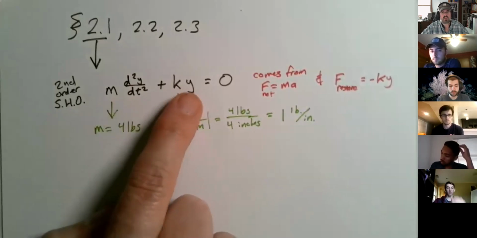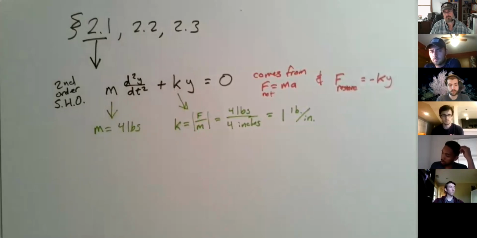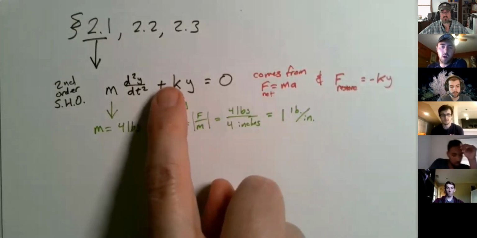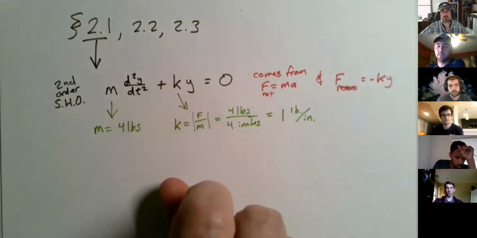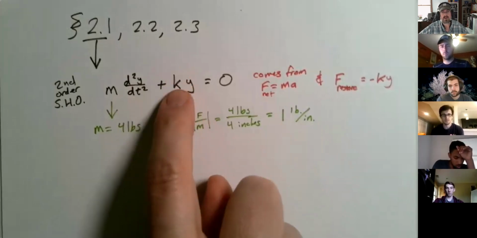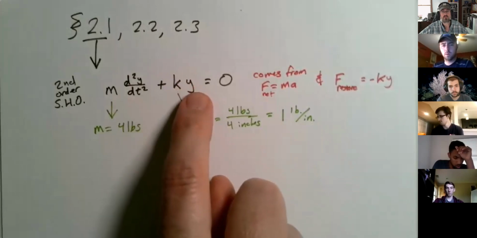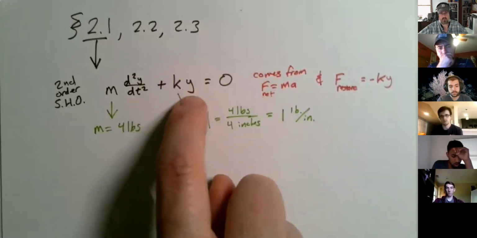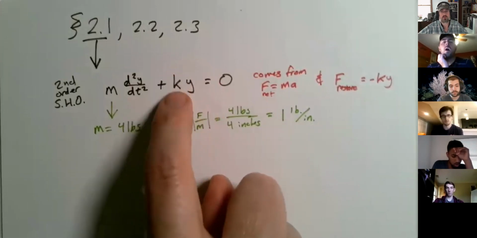What does that mean the units of Y must be in? Would it be per inch? Well, the per inch is attached to the K value. K is pounds over inches. So if this is in pounds per inch, the units for Y has to be in inches in order for this whole term to be a force term, pounds.